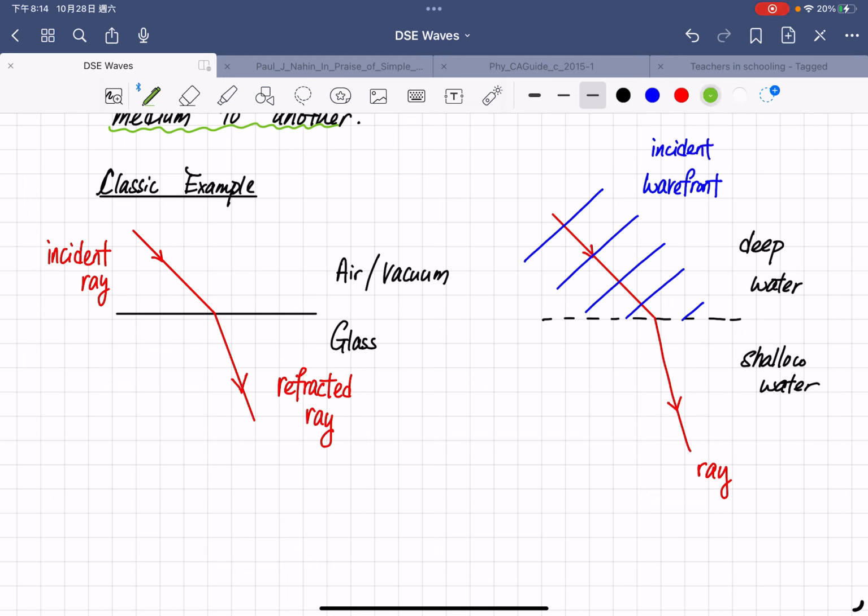The reason why I can draw this is because I know the incident wave fronts are perpendicular to the ray. This is one property we emphasized before, and they should be equally spaced because the wave is in the same region.